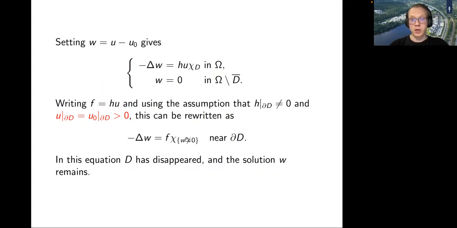And if you look at this equation, you don't have this set D anymore. So you only have this solution W. And this is typical of these equations in free boundary theory.